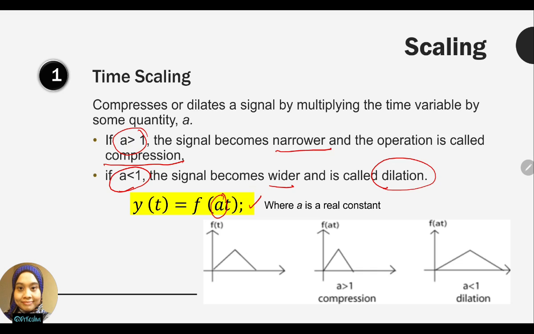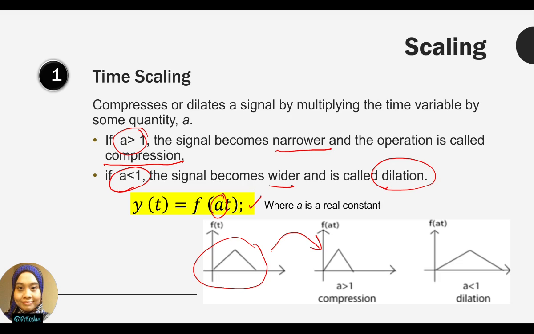For example, we have this function f(t), and we want to scale it based on the value of a. If the value of a is more than 1, it will be compressed, and you can see that the graph size shrinks.